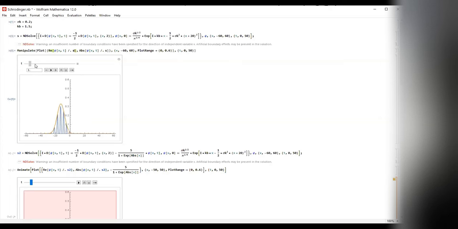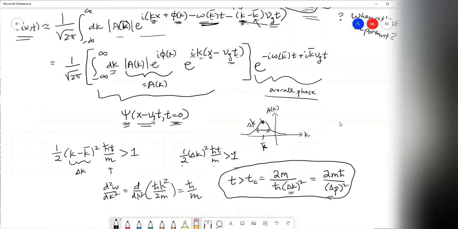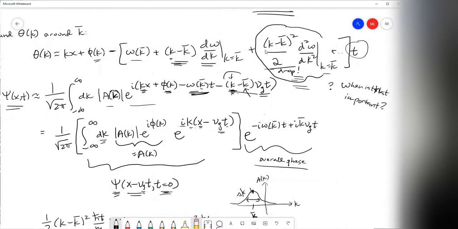But eventually, once the time gets large enough compared to this characteristic time, then you get in trouble, and the wave packet starts spreading out and changing shape. You see it gets wider, and that's exactly when that higher order term, this guy, starts to dominate the solution.